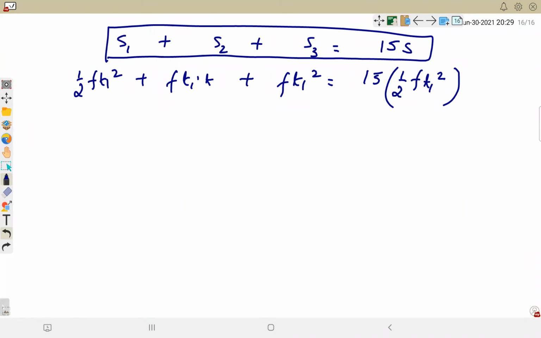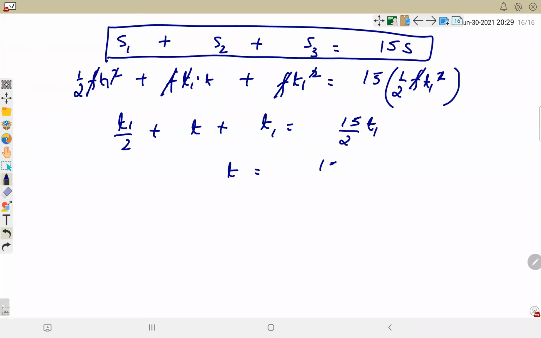What will we calculate from this? We can calculate the value of T1. f T1, f T1, f and T1 is gone. So the first equation becomes T1 by 2 plus t plus T1 is equal to 15 by 2 times T1. t is equal to 15 by 2 minus 3 by 2 times T1.